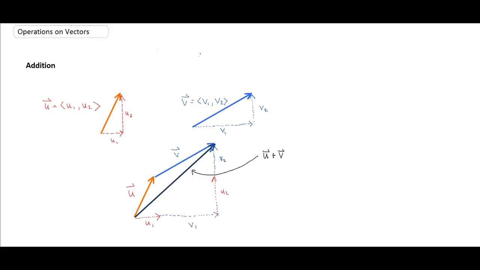You can see that the components of the sum vector u plus v are given by the sum of corresponding components of u and v. So this is what we get. The first component of u plus v is going to be given by u1 plus v1, and the second component of the sum is u2 plus v2.